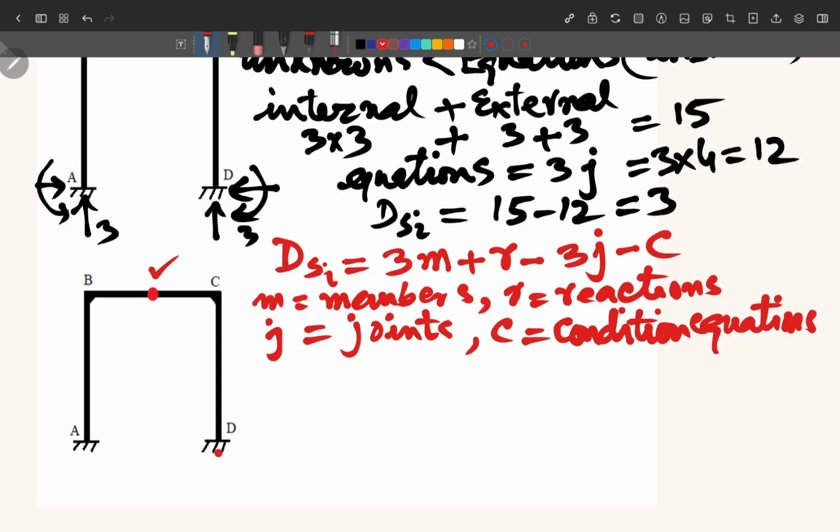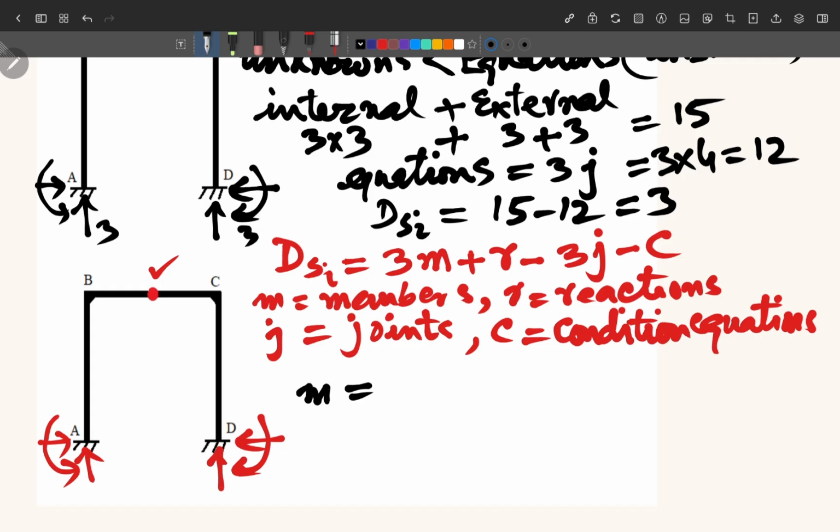So we see here that this is giving you this type of reactions: horizontal, vertical, and the moments. So we can calculate here the degree of static indeterminacy for this, because we need how many members are there, how many reactions are there, how many joints are there, and how many conditions are available for us.